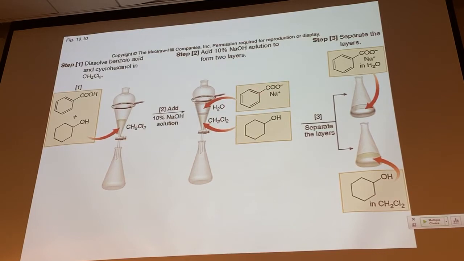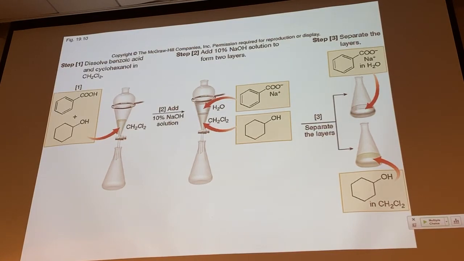So that goes into the aqueous layer, the alcohol stays in the organic layer, we separate them, we drain the organic layer out the bottom, and then we're going to close the stopcock and pour the aqueous layer out the top into a different Erlenmeyer, and now we have our 2 compounds separated.